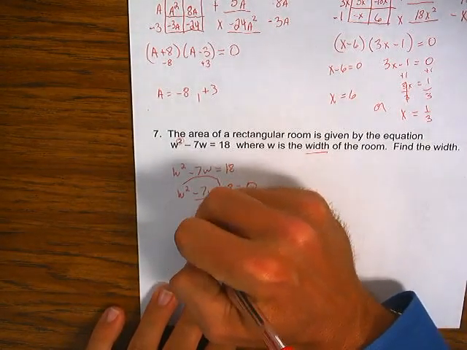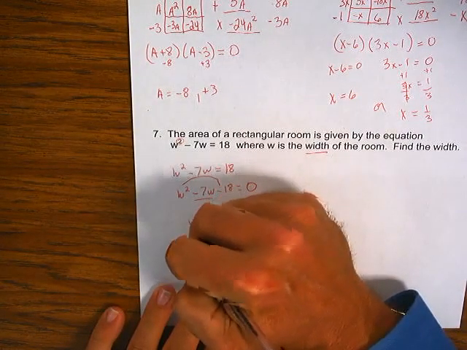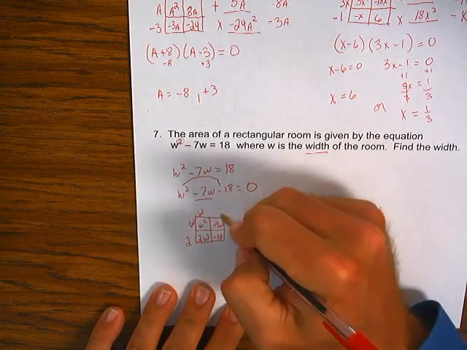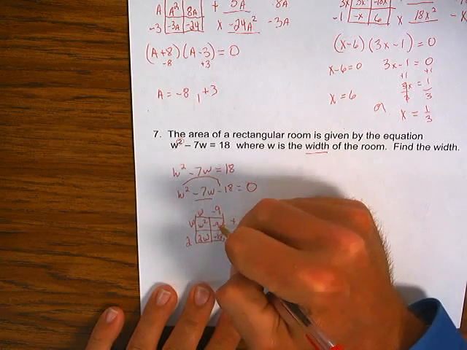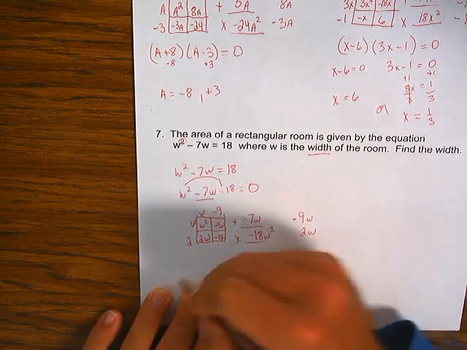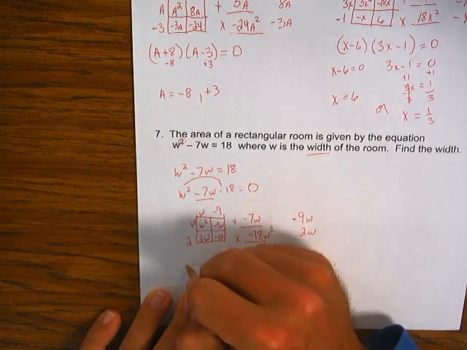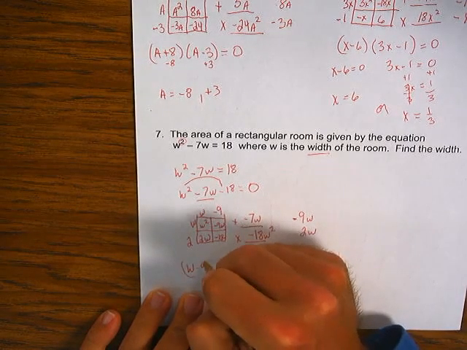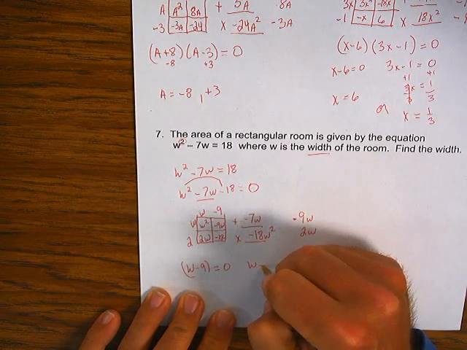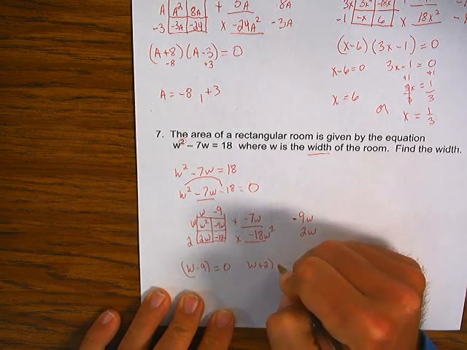W times W. What W times what is 2W? Okay, then negative 9 times W is negative 9W, and negative 9 times 2 is negative 18. Set our factors equal to 0. W minus 9 equals 0, and W plus 2 equals 0.